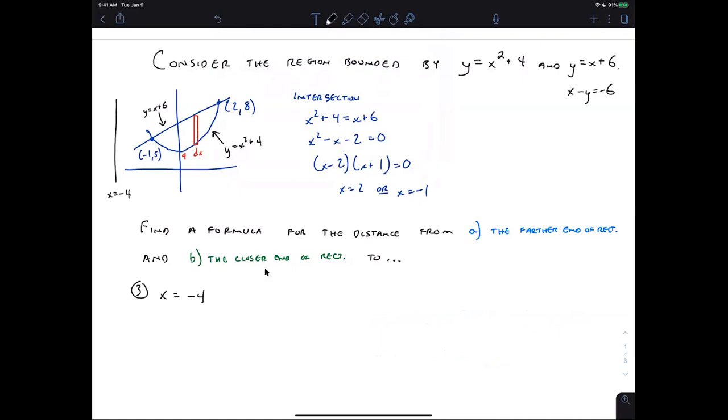Does that make sense? Now read the problem real carefully and think about it real quick. And what's the issue with the problem I'm asking? There's something wrong with asking this. Something wrong with the question when it becomes x equals negative 4. What do you guys think?